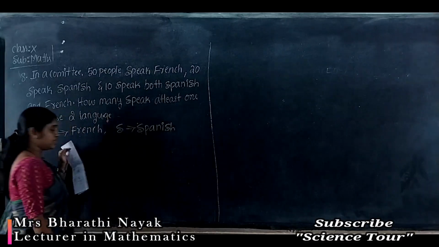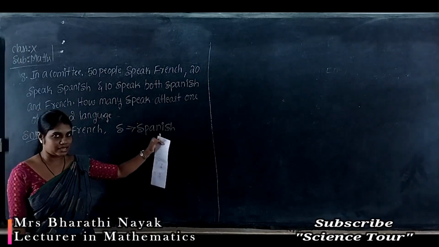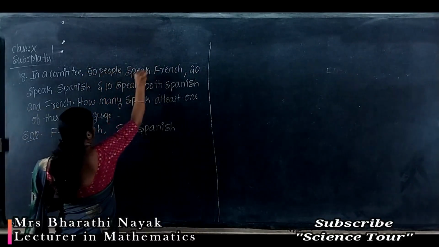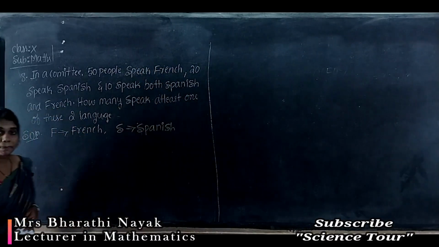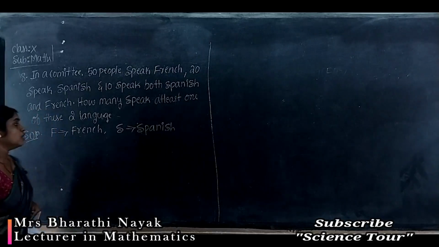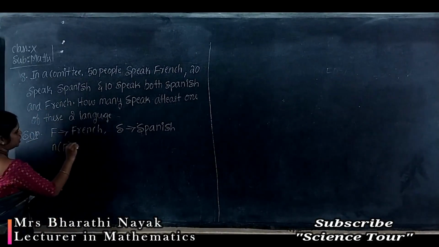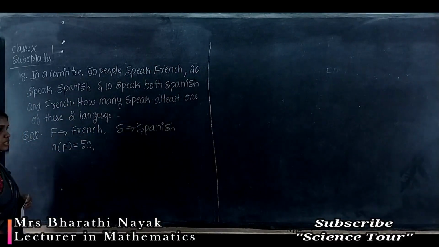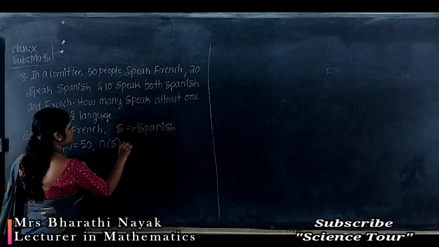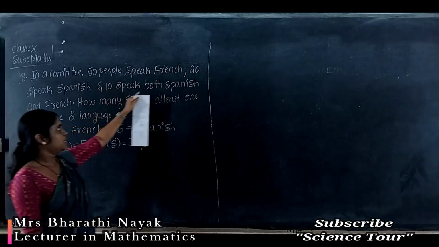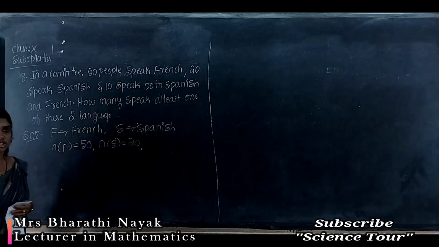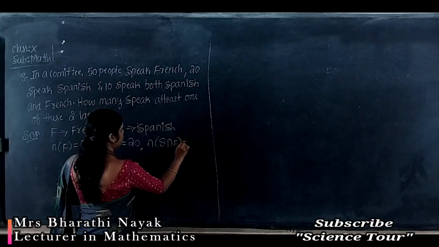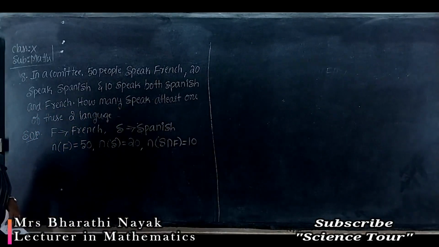First I'll write the given data. 50 people speak French, so N of F equals 50. 20 speak Spanish, so N of S equals 20. 10 speak both Spanish and French, so N of S intersection F equals 10.